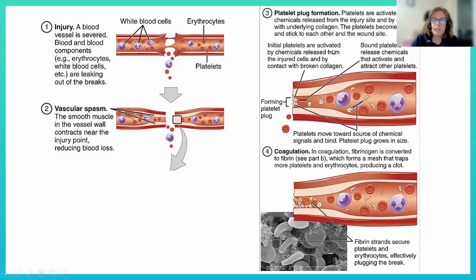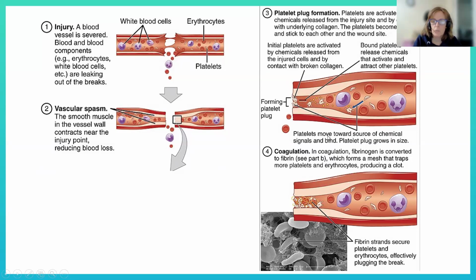So what happens next is the platelets are activated by chemicals that are released in the injury site. They become sticky, they stick to each other, and you can see them here forming a platelet plug, and they activate other platelets and cause them to move to the site and become sticky.